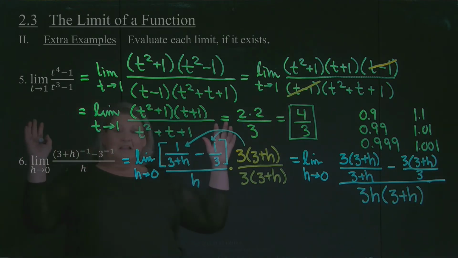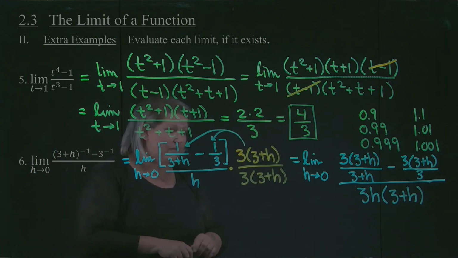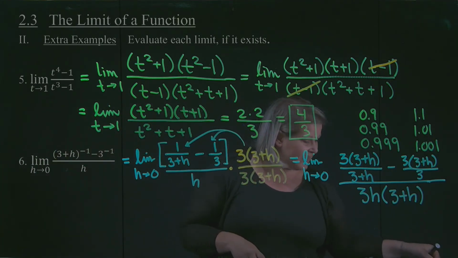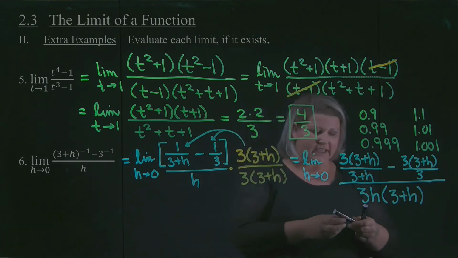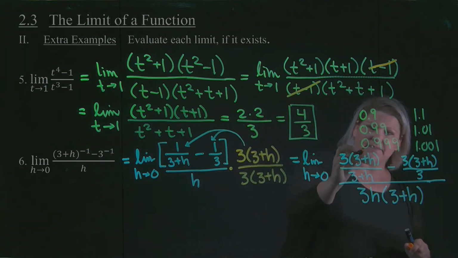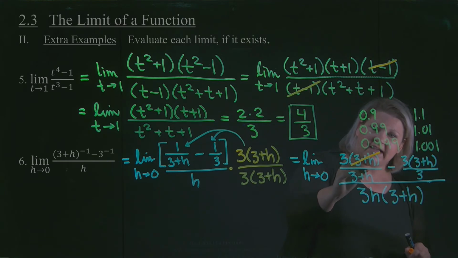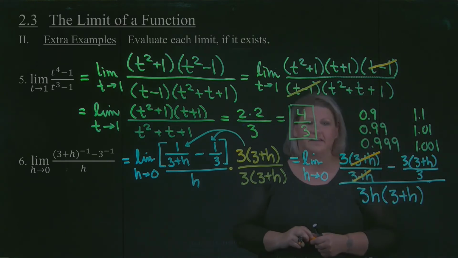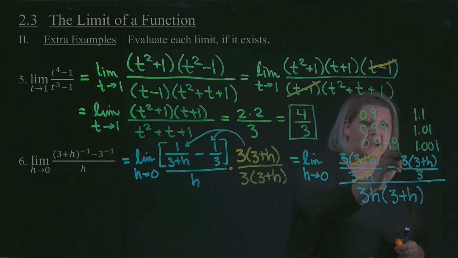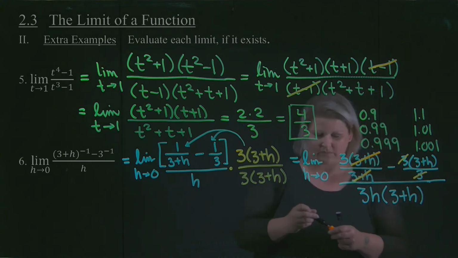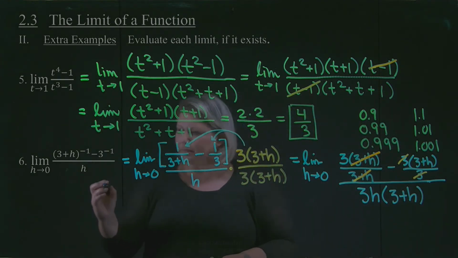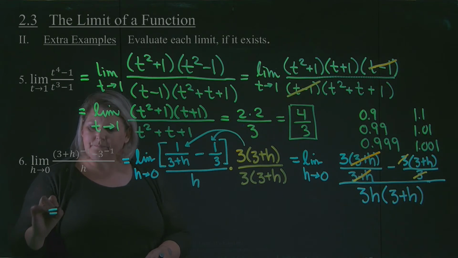Now, nothing supremely magical is happening yet, but I do have to do some simplification. Keep in mind that I've got some things that are canceling. This cancels. And what else happens? Yeah, this cancels. And this is the magic of multiplying out by the LCD.